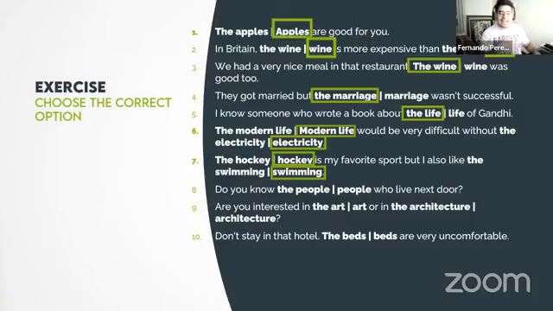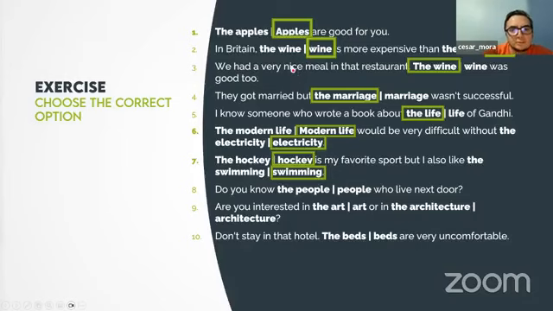In Spanish, we say el hockey y la natación, or me gusta el fútbol. In English, we never say I like the football. That's incorrect. We say I like football only, because we only have one word for this name, sport.